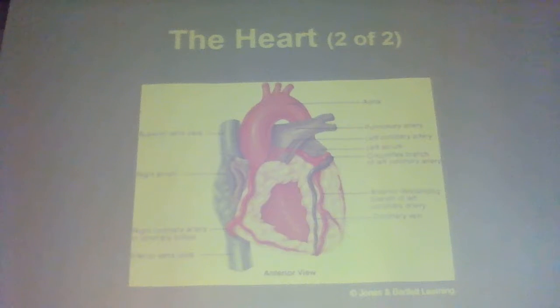And what are those three red arrows at the top, you think? Carotids and subclavians. And then what's the big red arrow at the bottom? Descending aorta. So let's recap this.